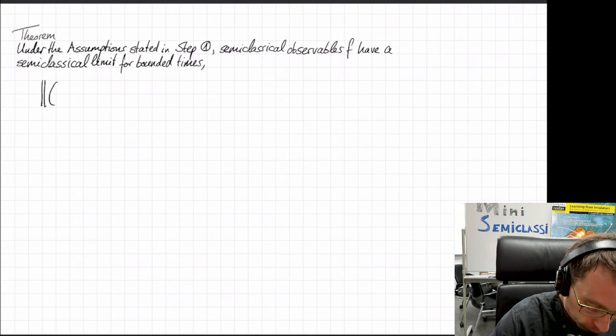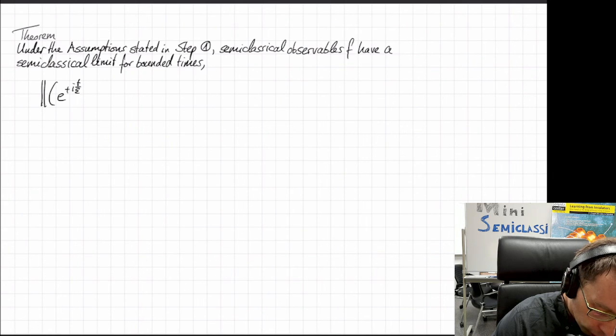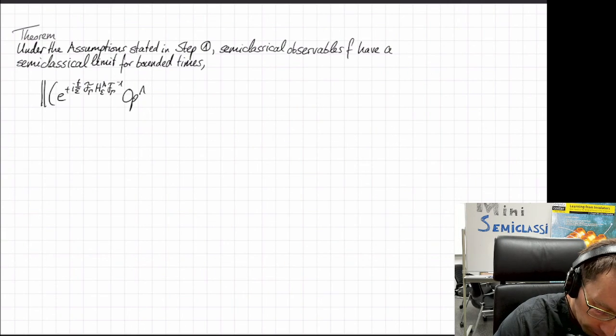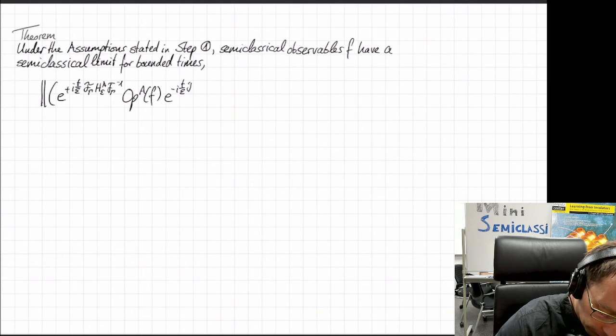Using the original operator, here I'm using the quantum time evolution, the full time evolution. And of course, I'm doing everything only for states from the relevant bands. That's why I will add this projection at the end.